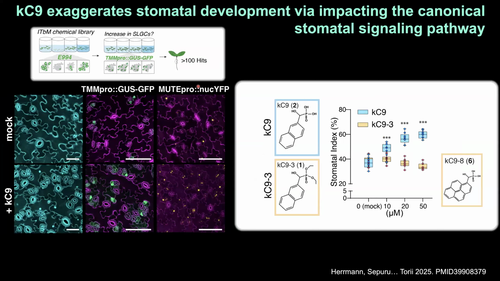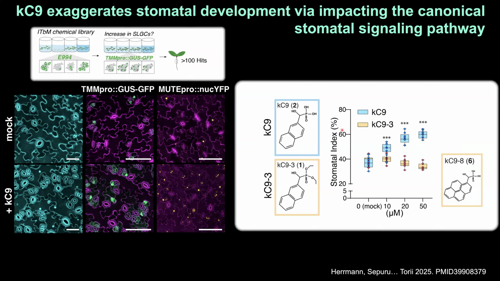I mentioned that through the large chemical library screen, we got a bunch of small molecules that increase the number of stomata. This is one of them, KC9, which increases stomatal lineage cells as well as MUTE-expressing cells, which commit to differentiate into stomata. KC9's effect is dose-dependent; it saturates at some point, but more dose increases the number of stomata.